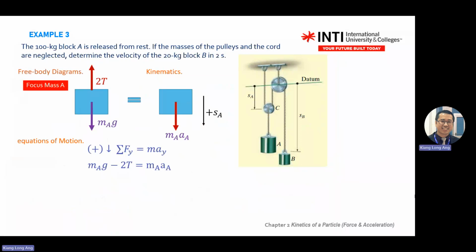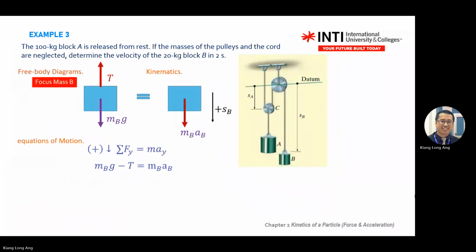Follow the datum direction. This is the way you solve it. So that's why you see the force for Y, I straight away mark go down positive. Then you group the things together, you arrive at one equation for A. You do the same for B. You get one more equation.